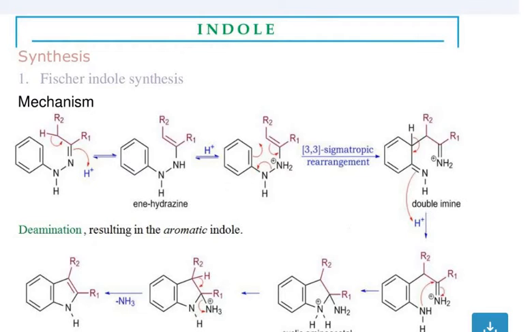You know the pericyclic reactions. Here 3,3 sigmatropic rearrangement, and then the diimine, you can see the further steps, nitrogen forming a nitrogen-carbon bond and cyclization occurs. Then the cyclic intermediate, then further removal of ammonia, formation of double bonds, and then you can see the disubstituted indole.